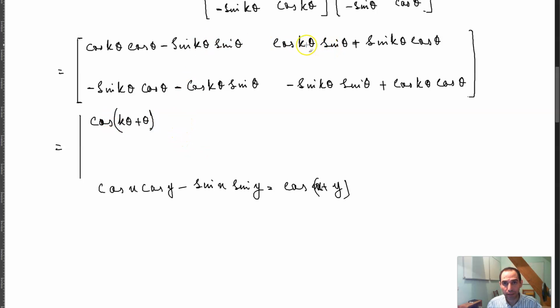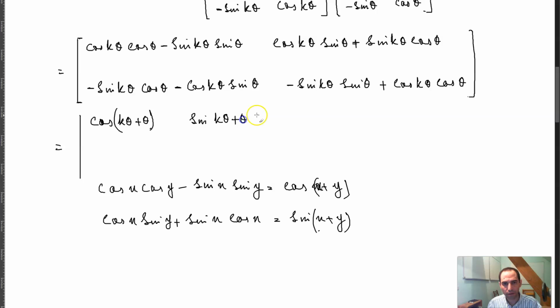Now cos k theta sin theta plus sin k theta cos theta: you know that cos x sin y plus sin x cos y is equal to sine of x plus y, right? So I can write this as sine of k theta plus theta.